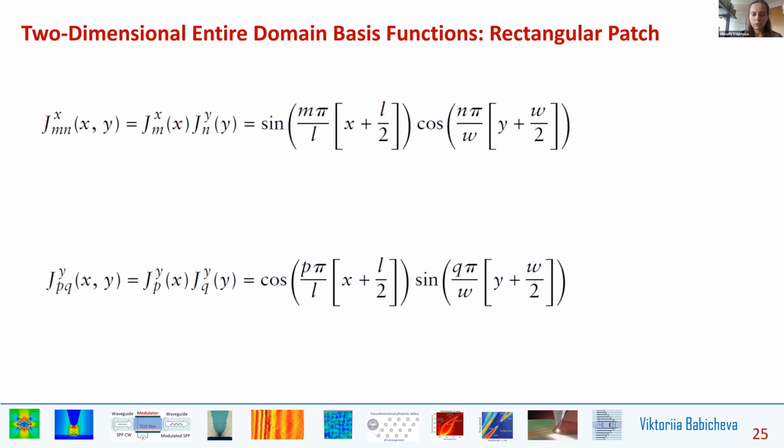So for the x-directed current, we can write this expression, and then correspondingly for the y-directed current this expression. And these functions are orthogonal. We see that like the basis functions for the current density on a strip or wire, these basis functions do not include edge singularity.